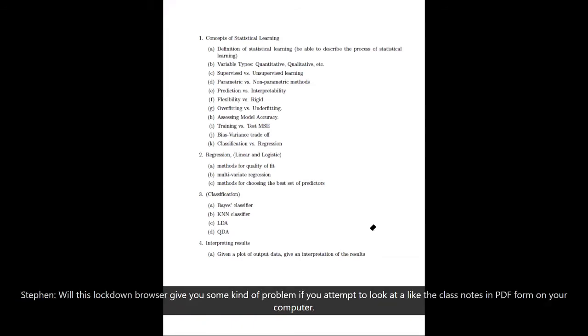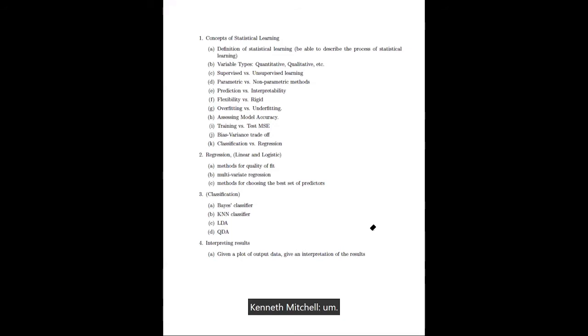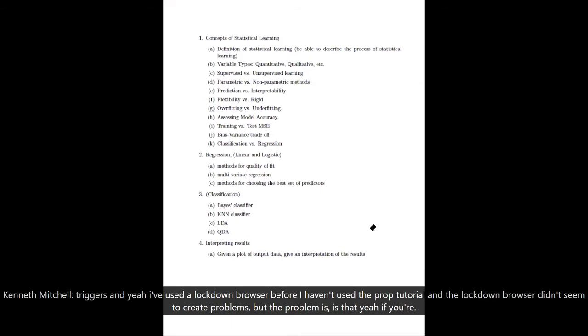Will this lockdown browser give you some kind of problem if you attempt to look at the class notes in PDF form on your computer? I've never taken a lockdown style exam before, so I don't know what triggers anything. Yeah, I've used the lockdown browser before. I haven't used Proctorio, and the lockdown browser didn't seem to create problems.